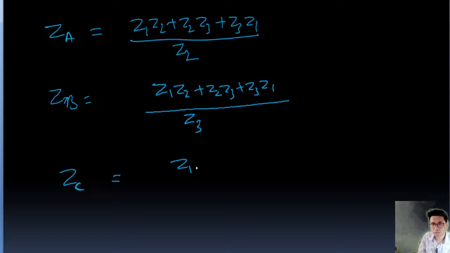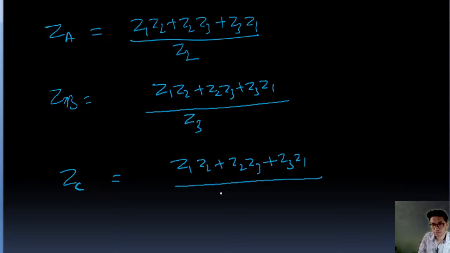ZC is going to be Z1 Z2 plus Z2 Z3 plus Z3 Z1 upon Z1. So this is the ZA value, ZB value and ZC value. Very simple guys: for ZA, Z1 Z2 plus Z2 Z3 plus Z3 Z1 upon Z2.